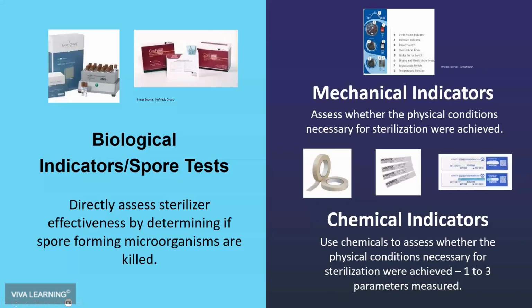And then we look at the mechanical indicators and the chemical indicators as the backups, as the bridge between the spore tests. So mechanical indicators are those that are actually on your sterilizers. They're the gauges, they're the dials, they're the printouts that you may get from your unit.